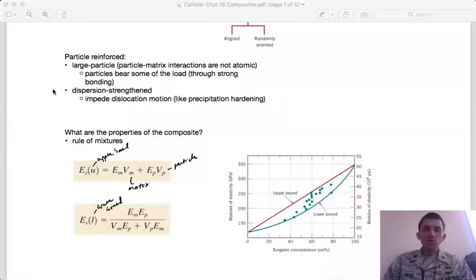And so the load that is borne by that material is shared by the particle, and through this interface, through this strong bonding.